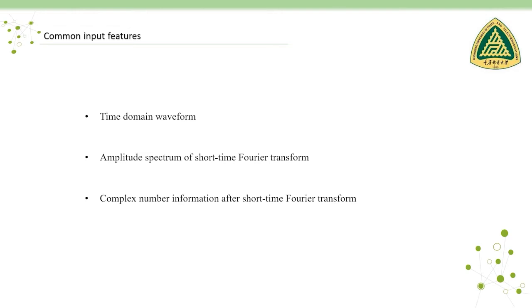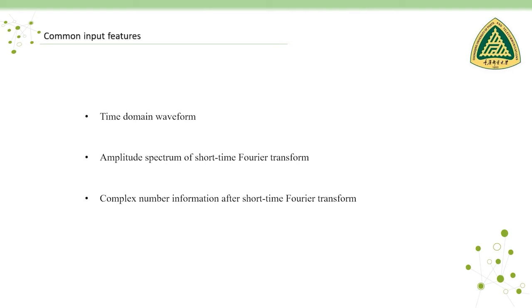Commonly used neural networks use the amplitude spectrum of the speech short-time Fourier transform as the input feature of the model, and then estimate the amplitude spectrum of the target speech.